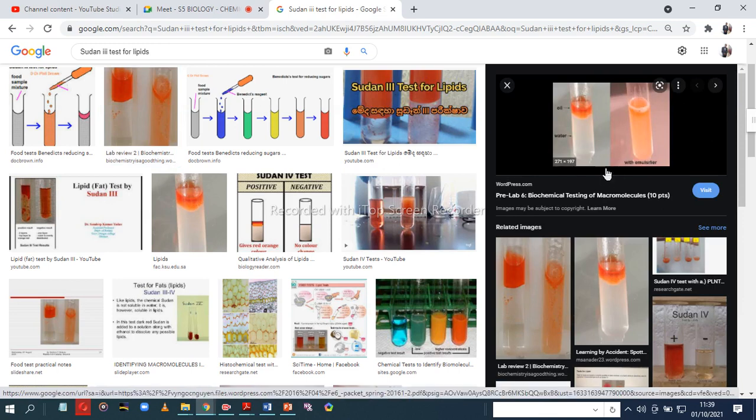Because lipids are less dense than water, and because lipids dissolve in the oil, and the Sudan 3 is ethanol together with oil mixed with a dye, the oil layer is going to settle on top.